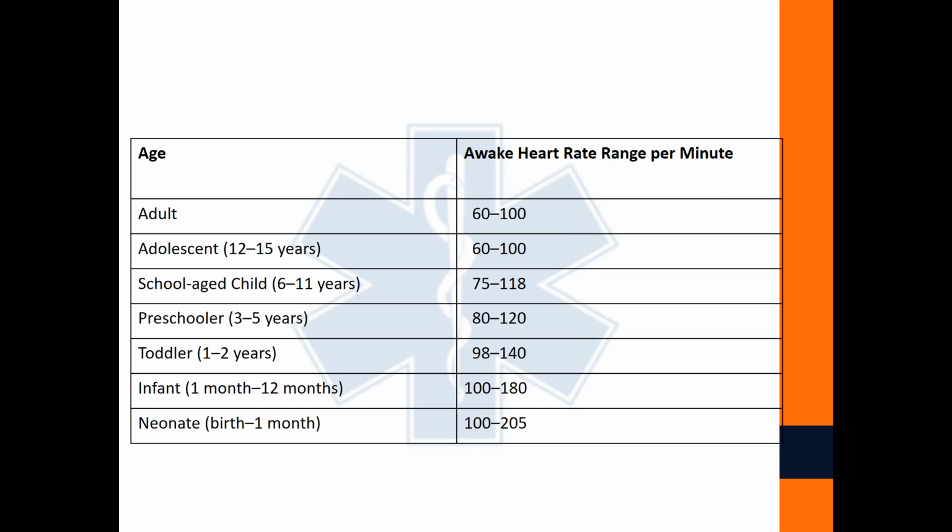Yep. Me too. In a baby or someone who was just born, that's really not altogether that frightening. Kids are rate dependent, so they have to have that fast heart rate. If they don't, that actually means they're sicker than an adult.